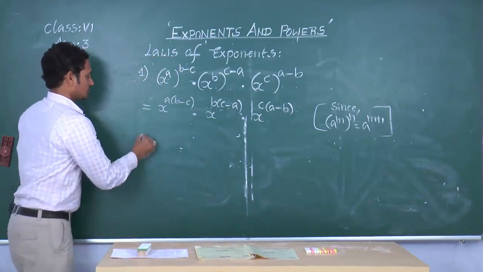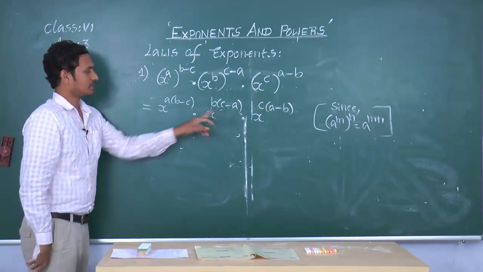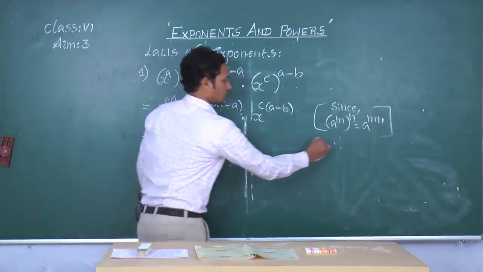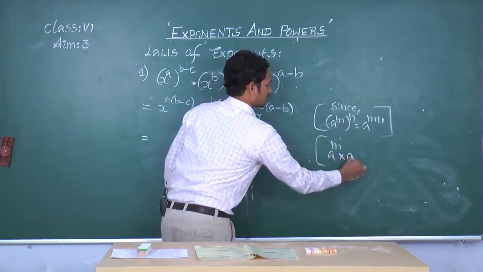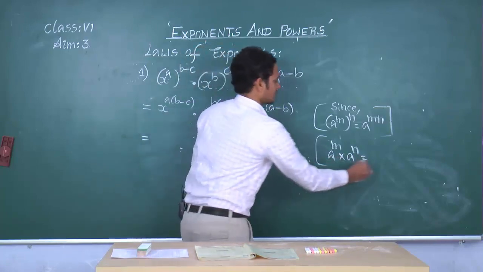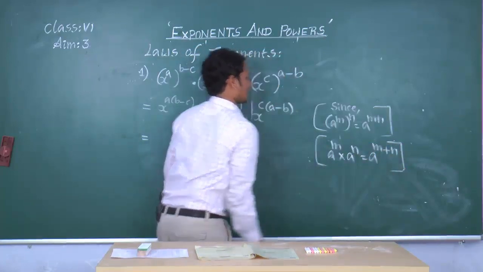Now again we can observe, while multiplying all these, the bases are the same. Since we know one of the laws, the first law, a power m into a power n, while multiplying two powers with the same base we can write it as a power (m plus n).